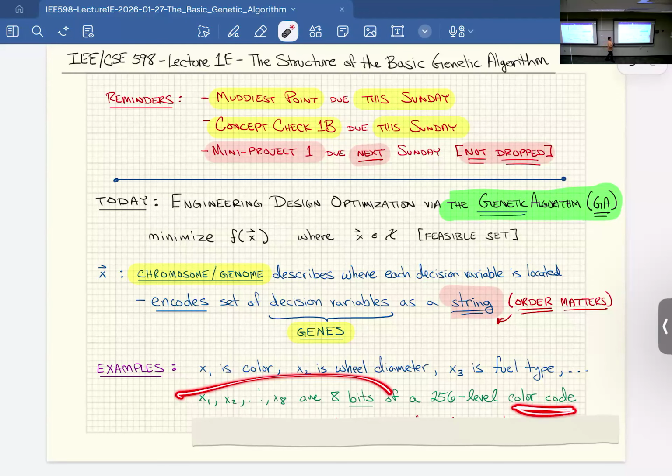So each one of these little entries here doesn't have to be a real number. It could itself be some other encoding of a portion of a number.